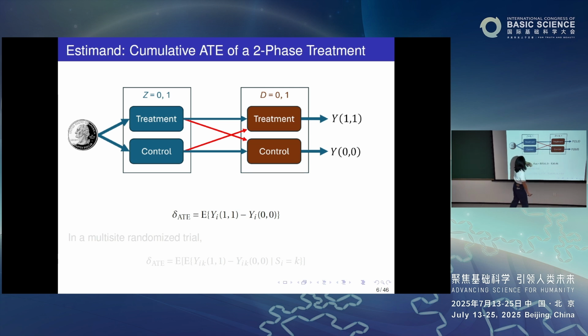Let's use Z to denote the initial treatment assignment, which occurs at phase 1, and we use 0 to denote control and 1 to denote treatment. And let's use D to denote the treatment received at phase 2. Continue to use 1 to denote treatment and 0 to denote the control.